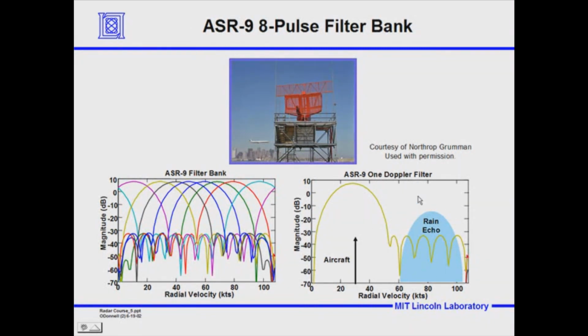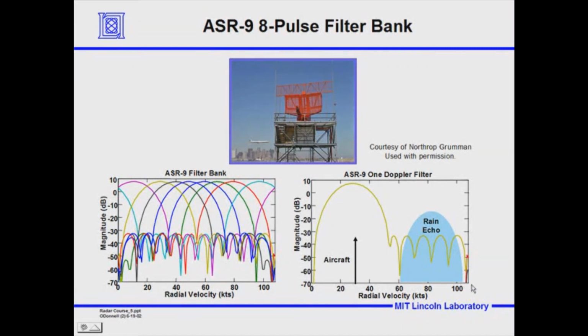And over here we see an example of how the ASR-9 could detect targets in the presence of rain. Here we see the response, and again notice the gain of the filter is logarithmic. We see the gain of one filter, and we have a target in the center of that filter. And here we see the target with a radial velocity of 30 knots.